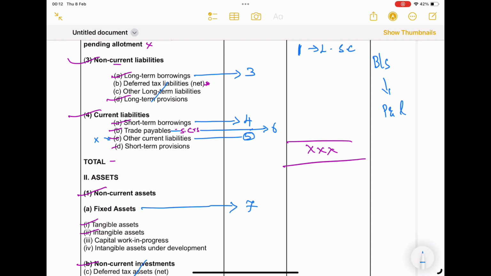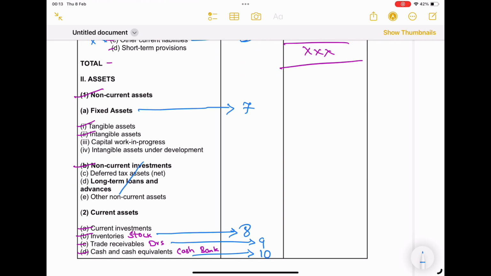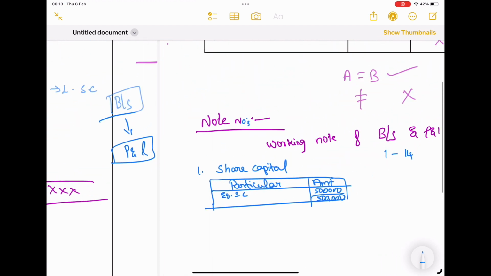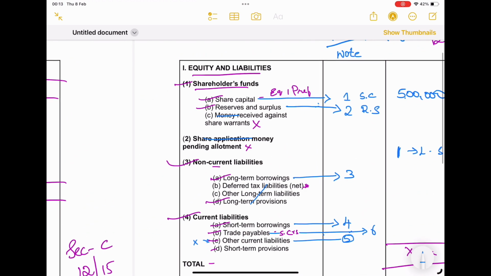But one sad thing is here, firstly we are going to prepare the P&L, then only we are going to prepare the balance sheet, right? For this particular thing, you people might be getting confused. So while solving, I'll explain in more detail how you have to fix the concept over there. Okay, so till note number 10 we have note numbers. Here also no note numbers required.